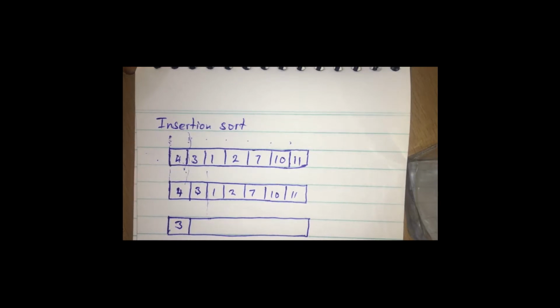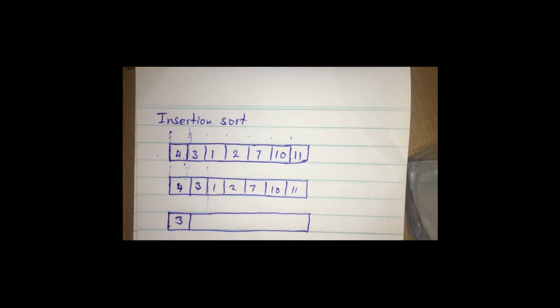By the way, this is ascending order. Usually they don't specify, but if they specify ascending order, you know what to do: you start with the smallest. So this is 4, so next, this was our line: 1, 2, 7, 10, 11.